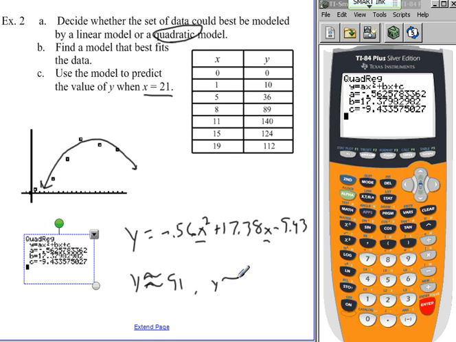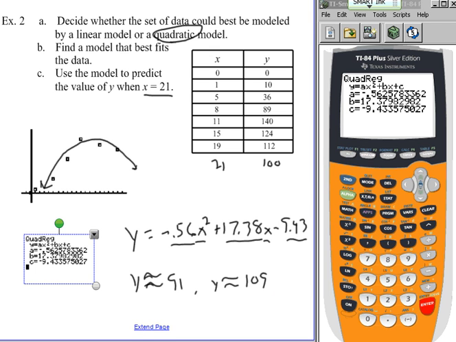You might get a y value about 109. So it's going to be somewhere around 100. So I'm going to say when x is 21, y is going to be somewhere around 100, which seems to fit the data. And again, if you got something a little different from what I got, it's probably because we rounded a little differently. So however we rounded these coefficients here will really impact how that answer looks.